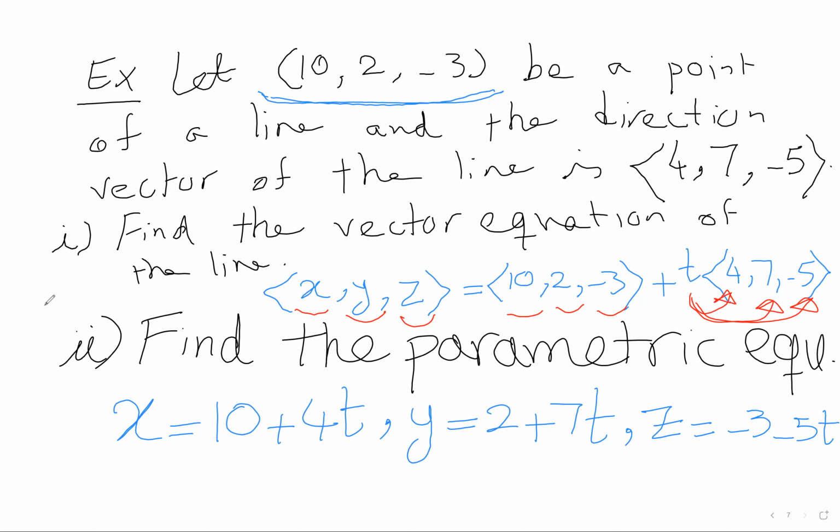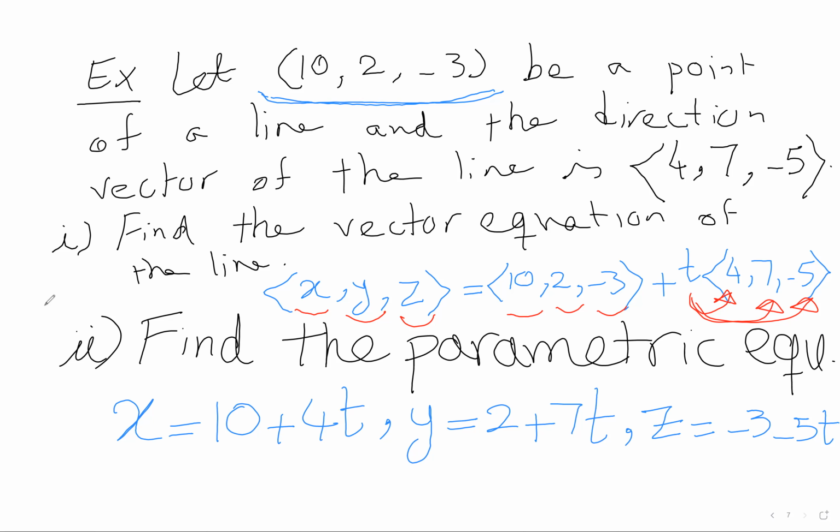For example, suppose t is 1. Let me just repeat, I think I mentioned it in the wrong way. Let me repeat what I had according to the example I prepared. Suppose t is 1.